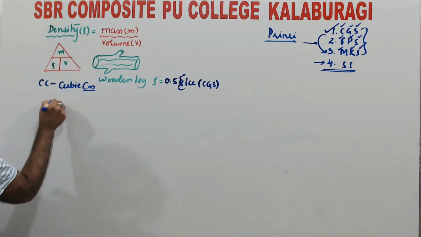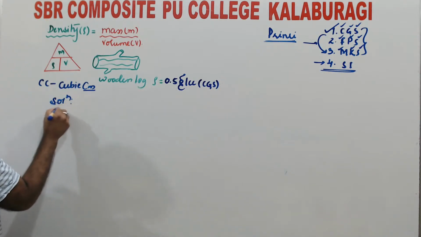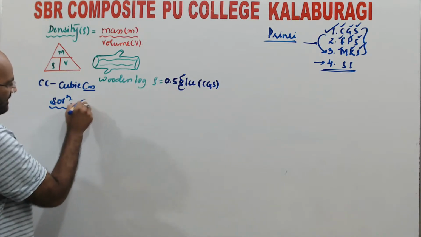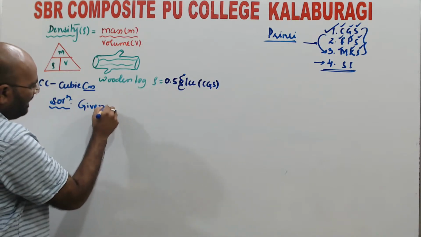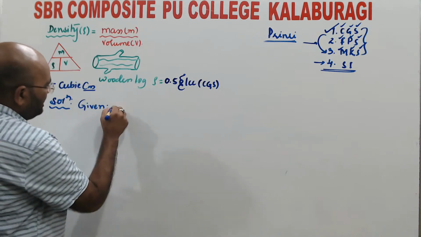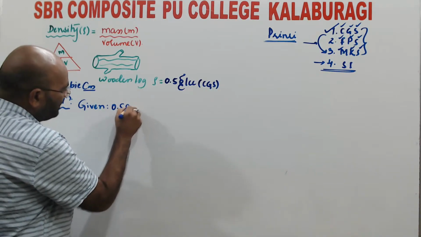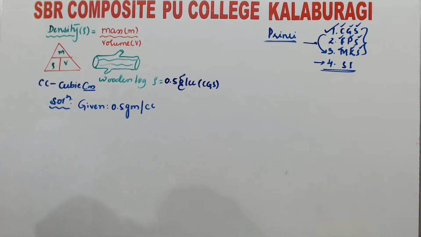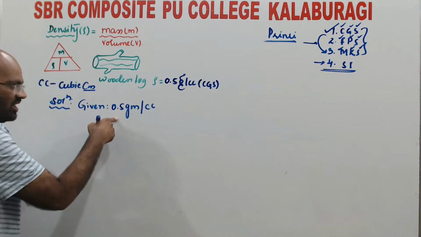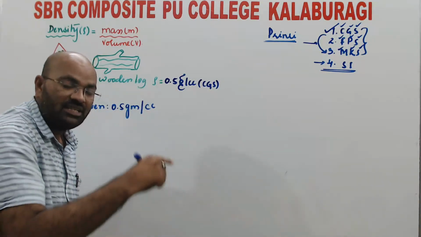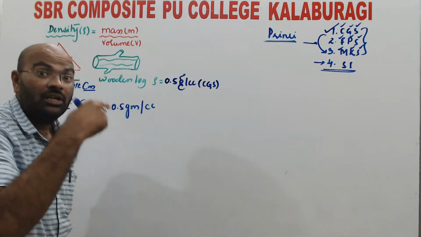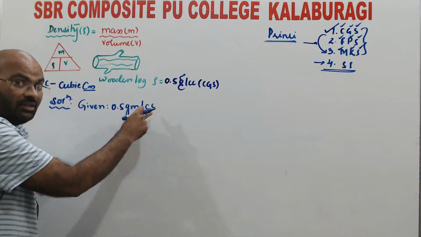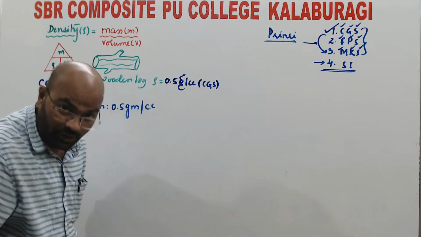Okay, solution for this question. The given data is 0.5 gram per cubic centimeter. Converting this into the MKS system, gram is converted into kilogram and cubic centimeter is converted into cubic meter.